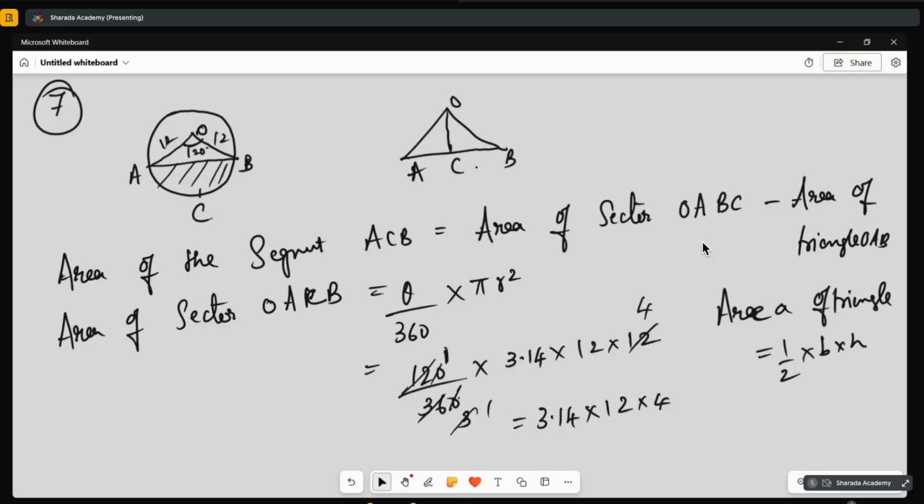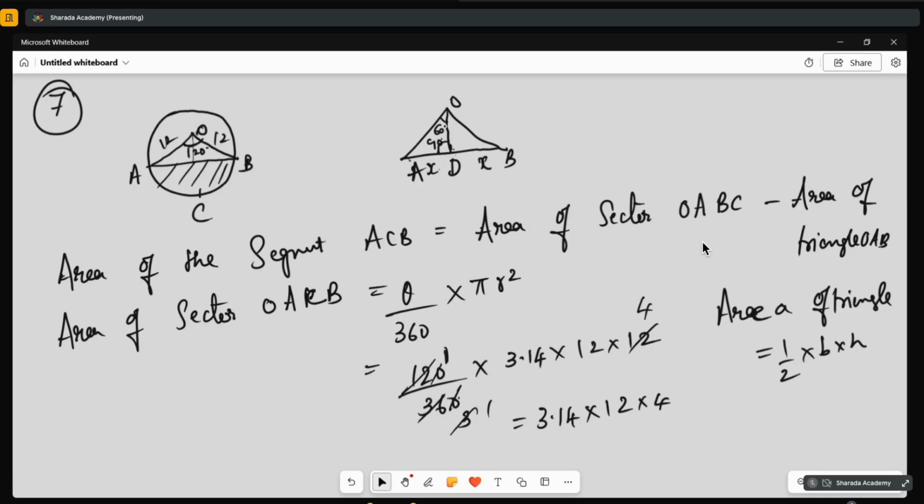So we'll mark this as point D. When you draw a perpendicular from the center of the circle to the chord, it will divide the chord into two equal parts. So AD, I will take it as x. BD also x. Okay. And this will be 90 degrees. And this will be 90 degrees. When I am drawing a perpendicular, now this angle will become 60 degrees.